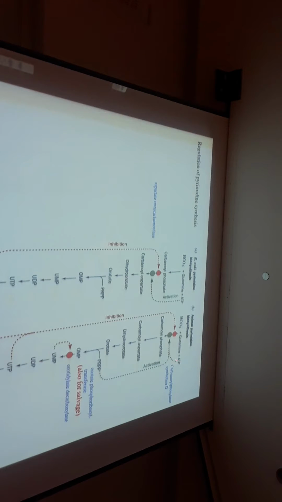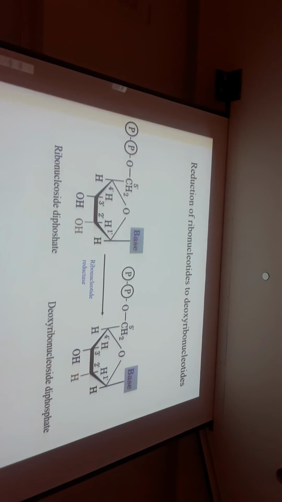What is interesting, I think, is that ATP actually activates this carbamoyl phosphate synthetase 2, and the rationale behind this is that if we have higher concentrations of ATP and in general purine nucleotides, the cell realizes, okay, it's probably time to synthesize nucleic acids, and we also have to kickstart our synthesis of pyrimidine nucleotides. Okay, so let's come back to these deoxyribonucleotides.